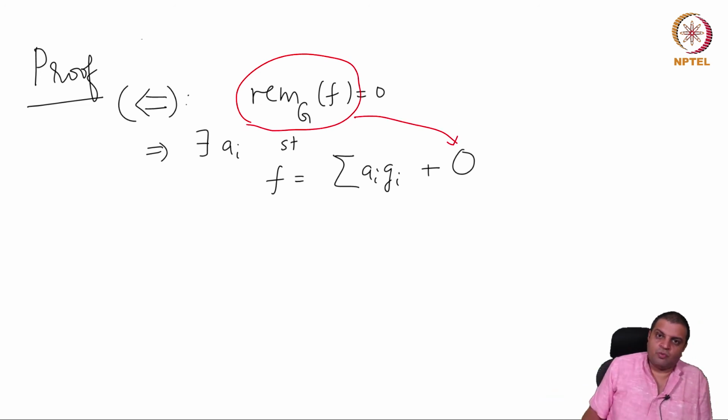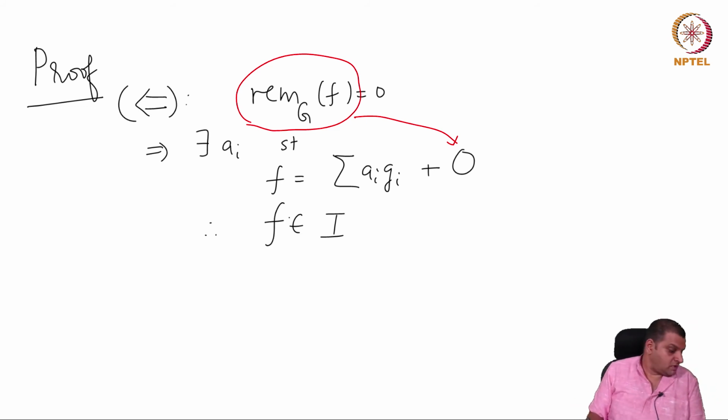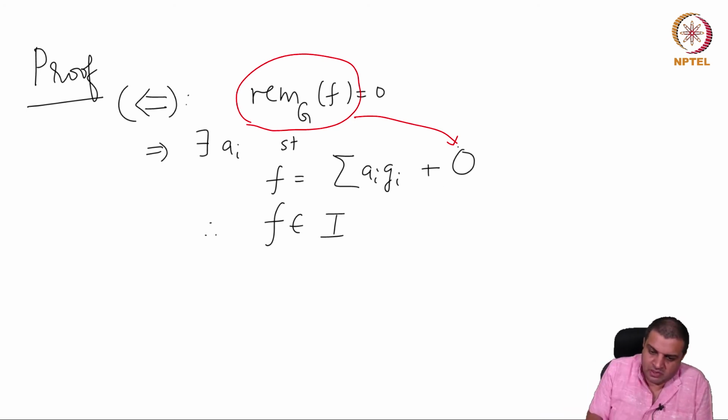So it is 0. So in other words, therefore, F is inside I. The g_i's are inside I, any linear combination is inside I, so F is inside I. Okay. So this is the easy part. We did not really use that it's a Gröbner basis, except to say that this part is. Okay, so now let's prove the other direction.